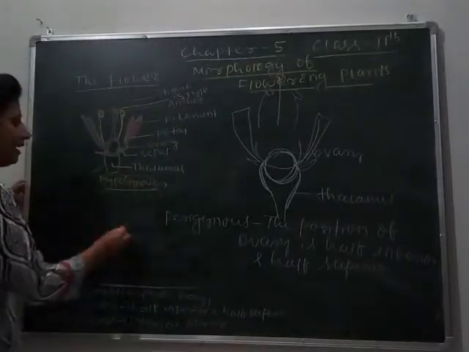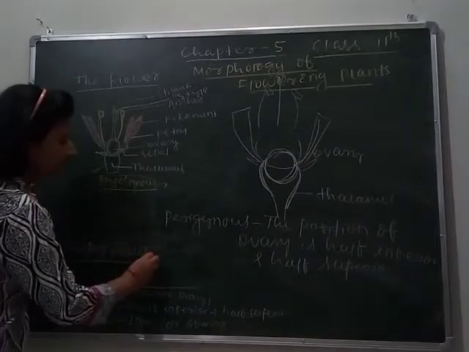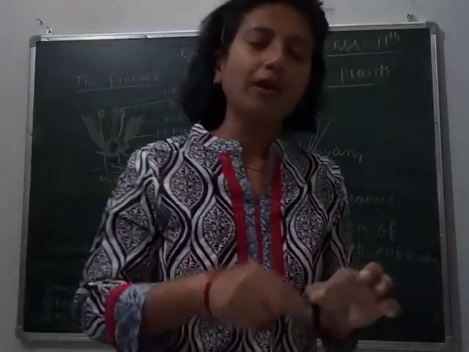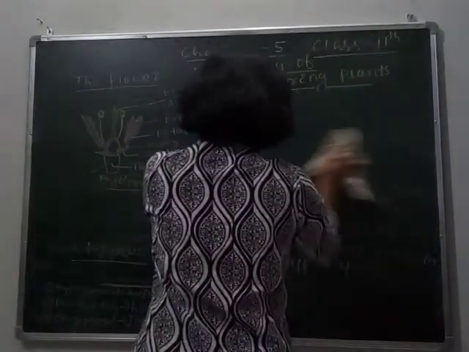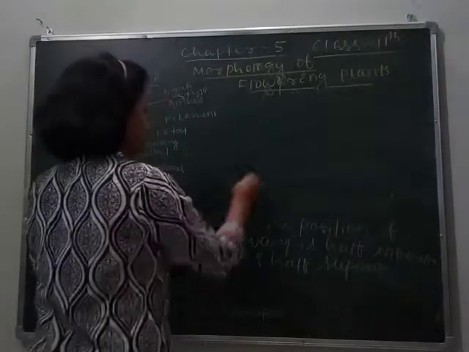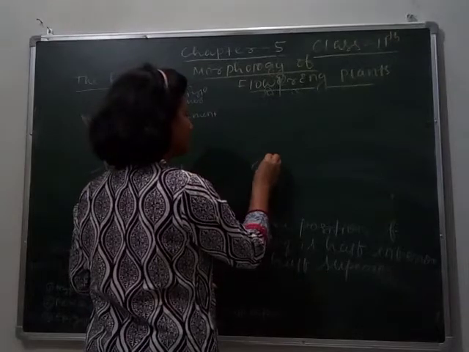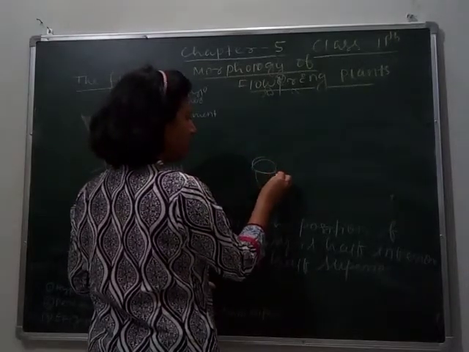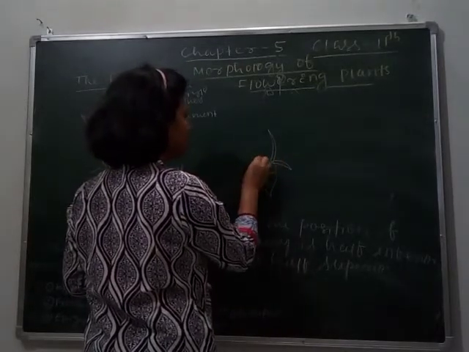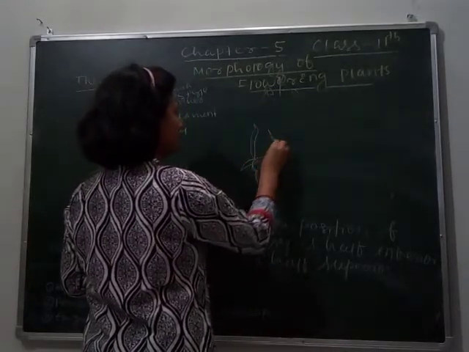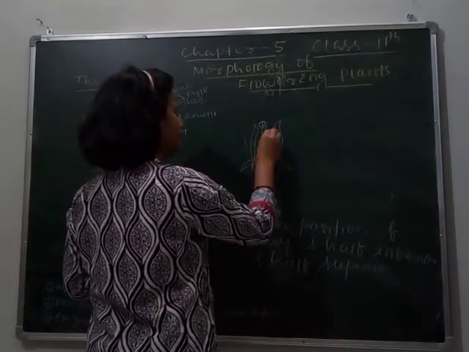Next is epigynous. Epigynous ovary means when the ovary is below and other floral appendages are above it. So we can make the diagram like this. This is the thalamus, this is ovary, and the floral appendages are like this is calyx, this is petals, this is stigma, this is anther.